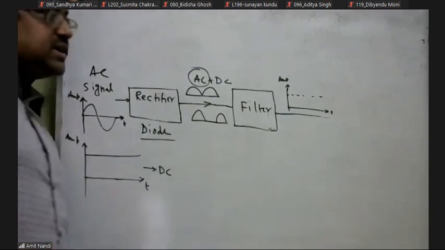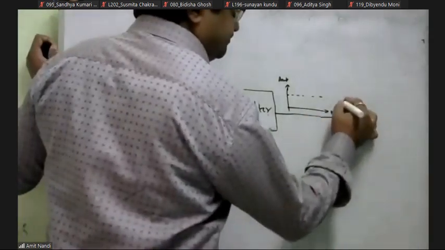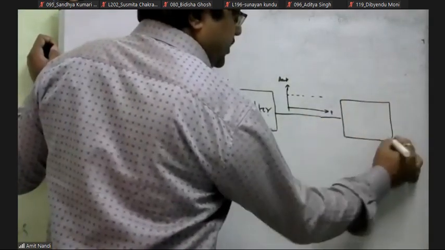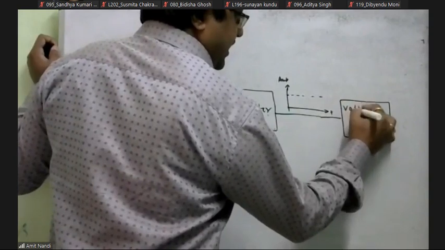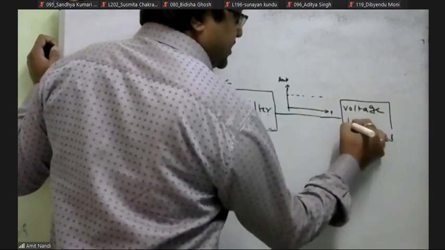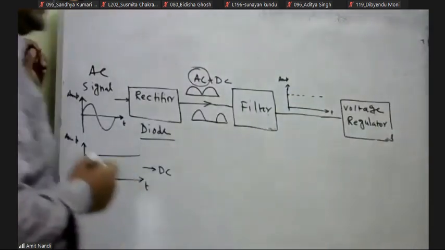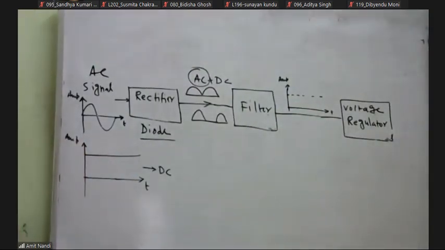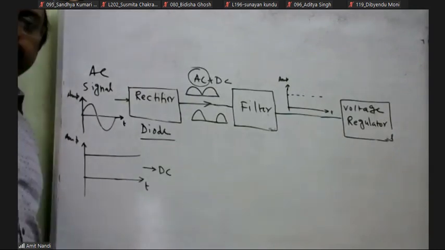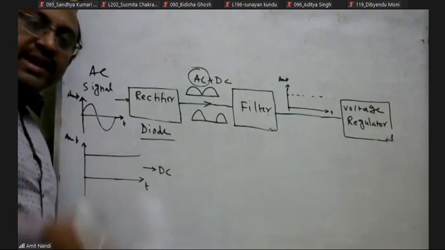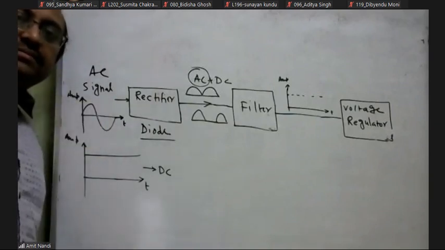We need to use a voltage regulator circuit, and that is another example of an analog electronic circuit. This voltage regulator can maintain a constant output voltage despite the variation of load and input signal.